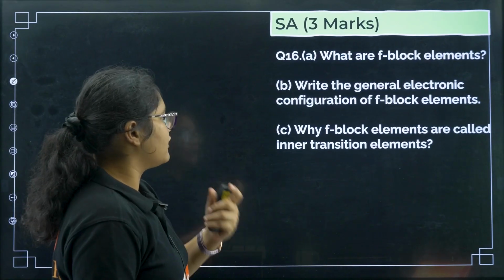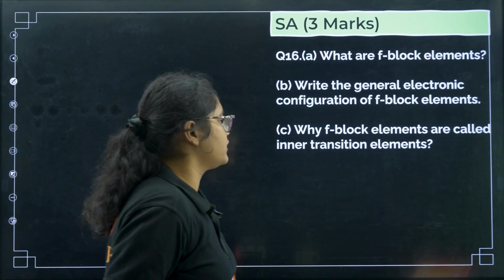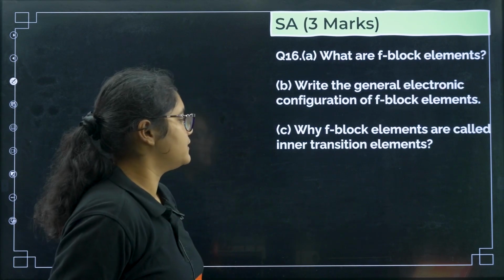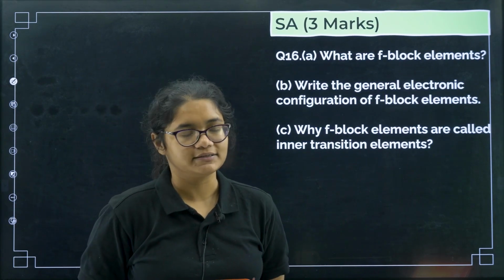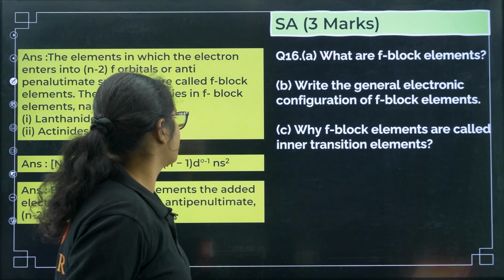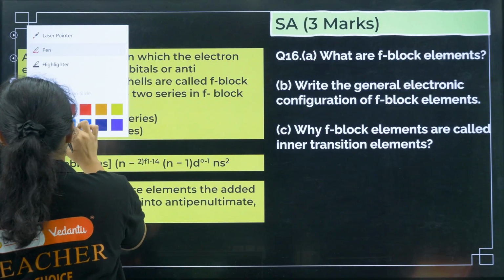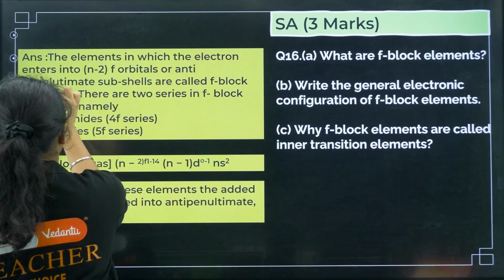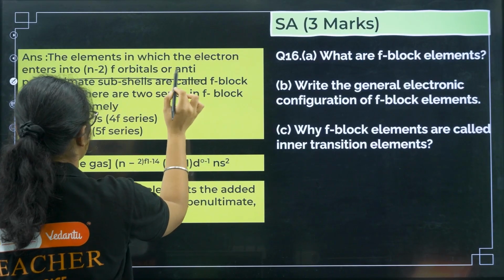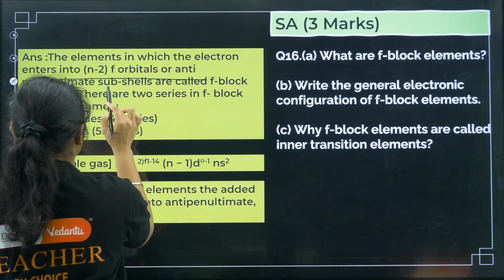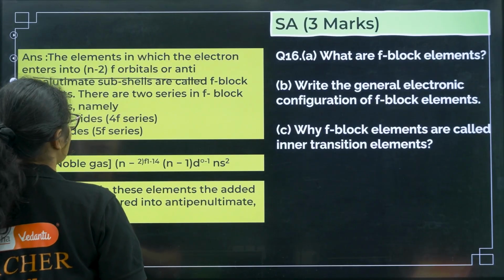Next is, what are F block elements? Write the general electronic configuration. Why F block elements are called inner transition elements. So in F block, what are F block elements? These are the elements in which the electron enters into the n-2 f orbitals or anti-penultimate shell and are called F block elements.